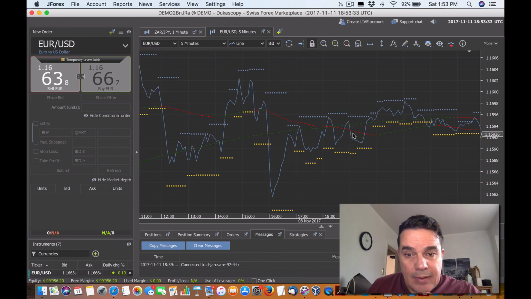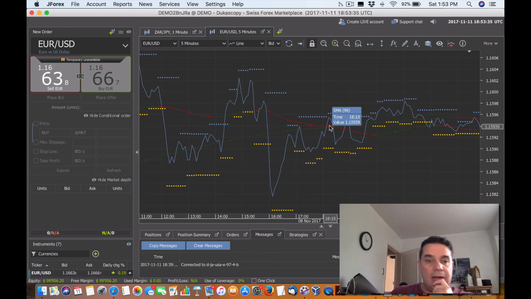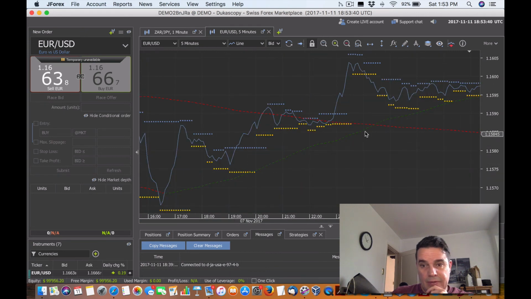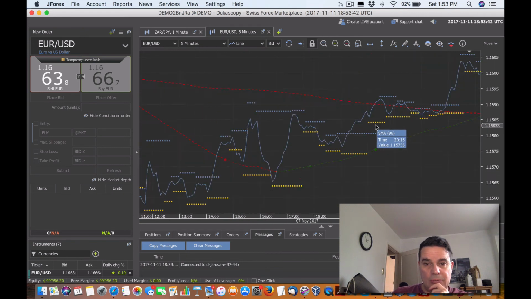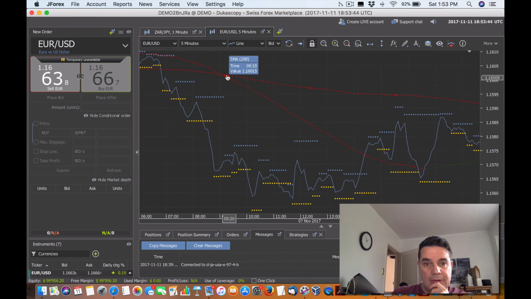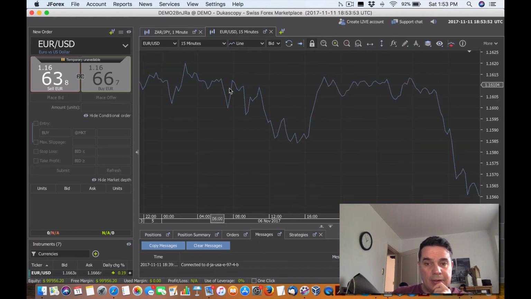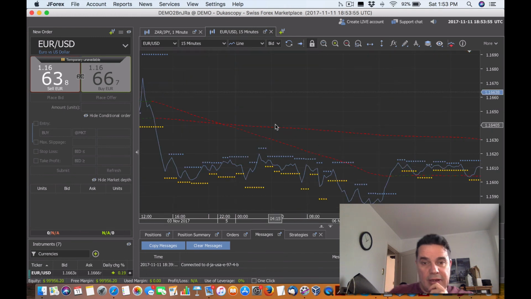So this cross doesn't mean a lot. So we have another cross here. These crosses don't mean a lot at this point. Here's another one. Yeah, let me just check out the 15-minute chart if we can find any crosses.